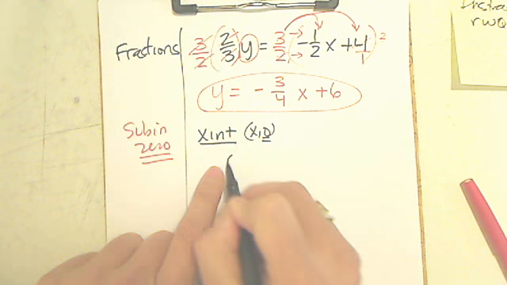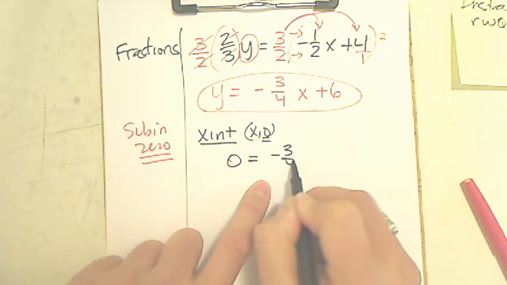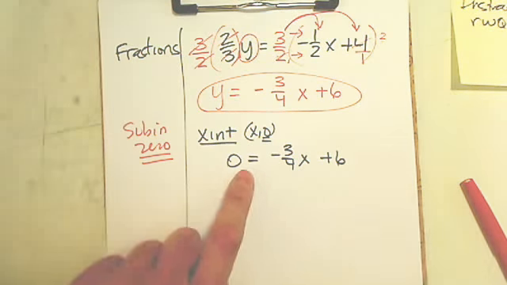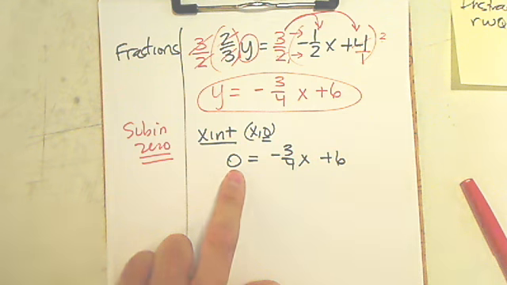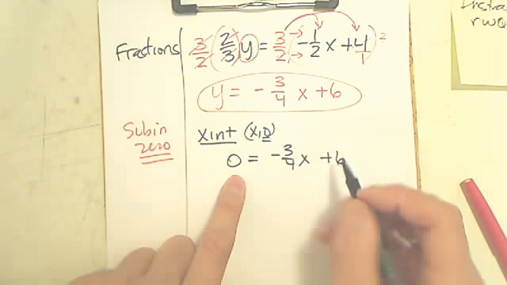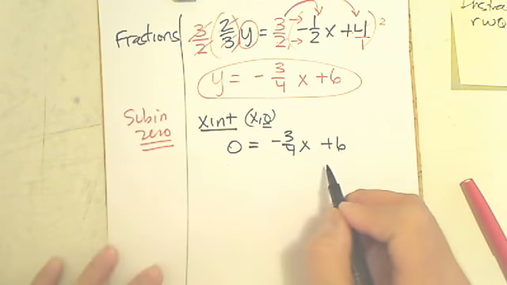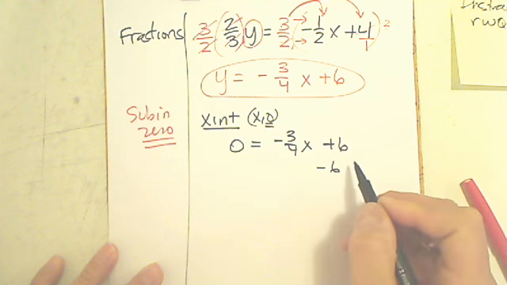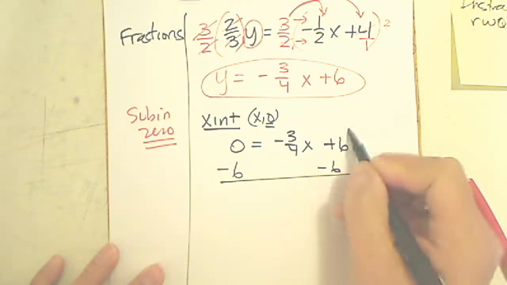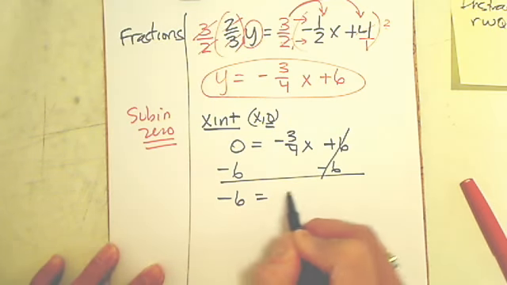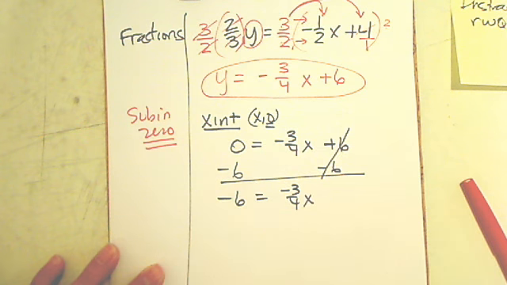The y. 0 equals negative 3/4 x plus 6. 0 goes in place of y. Two more steps. What do we do next? Subtract 6 on both sides of the equal sign. Cancels out. Negative 6 equals negative 3/4 x.